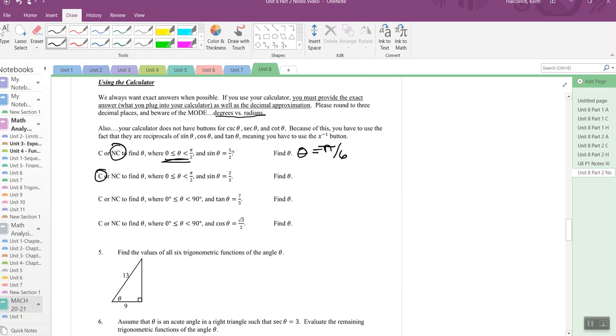Here you would have to use your calculator because 2/3, where the hypotenuse is 3, is not a special right triangle. So theta equals sine inverse of 2/3. Make sure your calculator is in radian mode, and you would get 0.730 when you round to 3 decimal places.